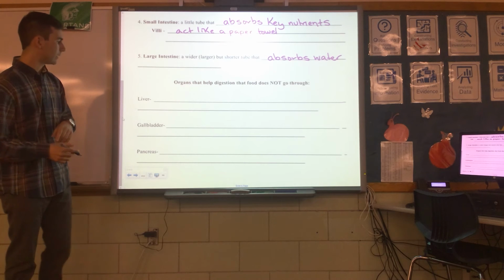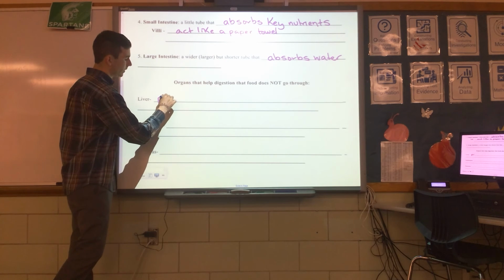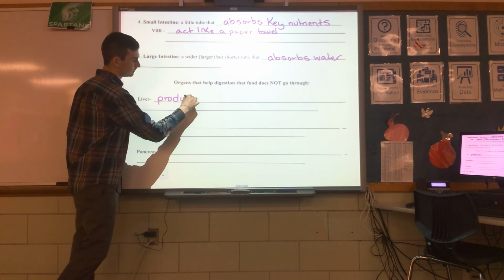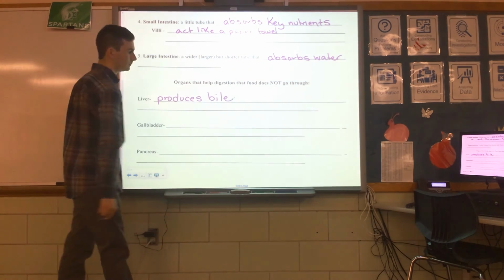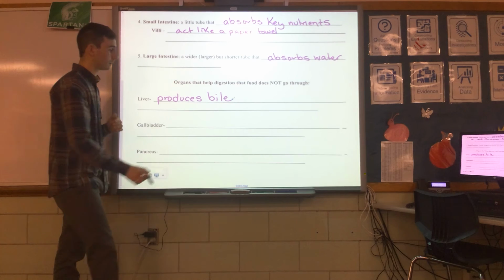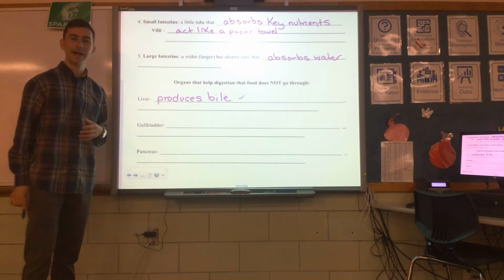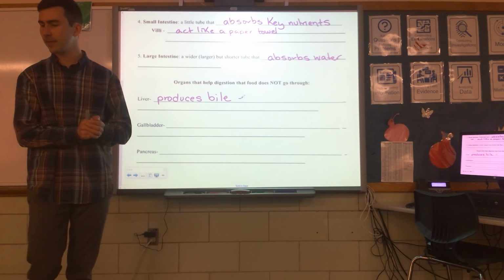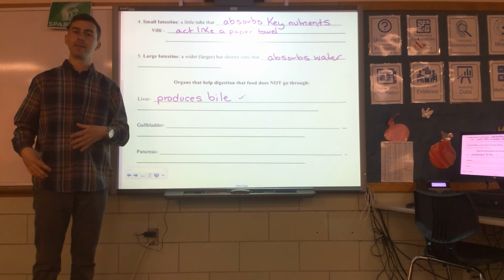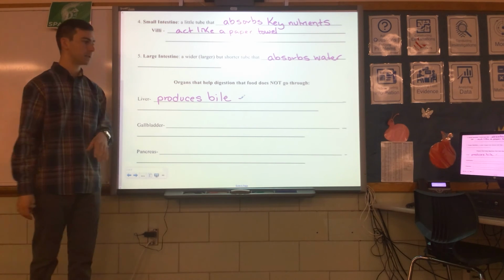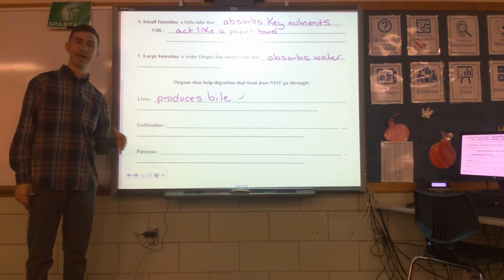The first organ we got to talk about is the liver, which produces bile. And what bile does is it neutralizes the stomach acid. So what we don't want is that stomach acid, which is going to chemically break down our food, to go into our small intestine as an acid.